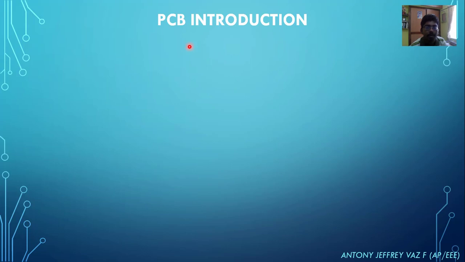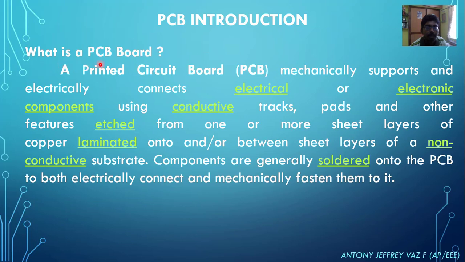PCB introduction. What is a printed circuit board? A printed circuit board mechanically supports and electrically connects electrical or electronic components using conductive tracks, pads, and other features etched from one or more sheet layers of copper laminated onto and or between sheet layers of a non-conductive substrate.